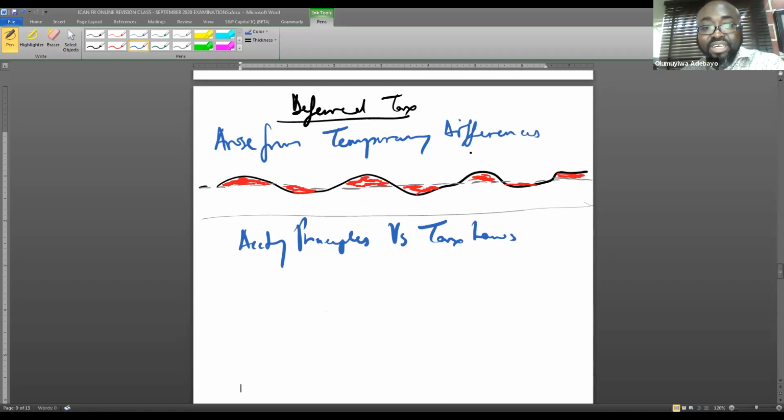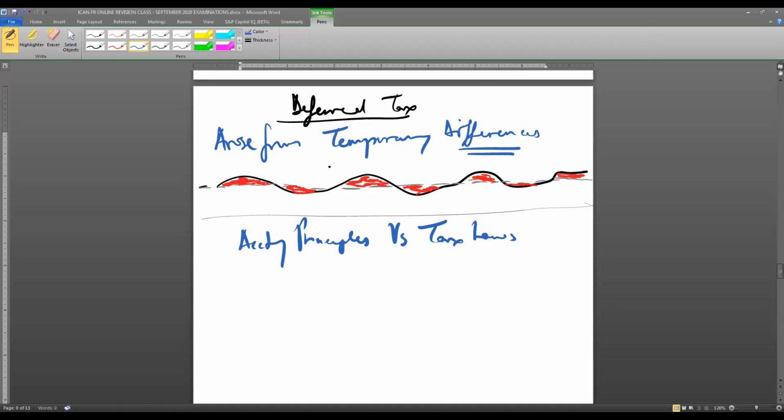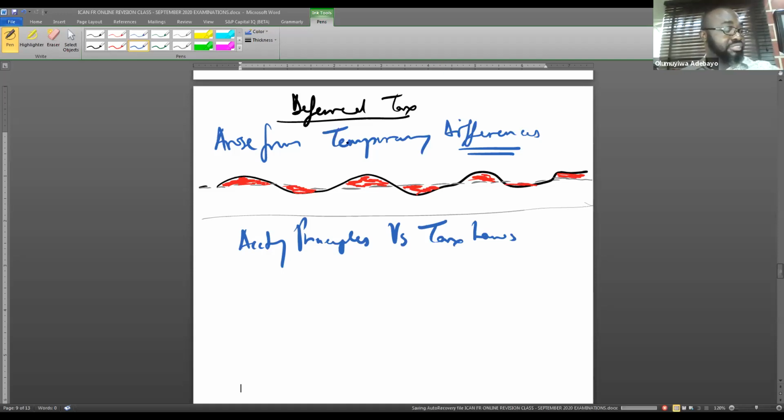Now, difference means two things are not the same. And what are not the same? Accounting principle and tax laws. But what temporary means, it is for a while. It is not forever. Which means you might have differences, but the differences is just for a short period of time.